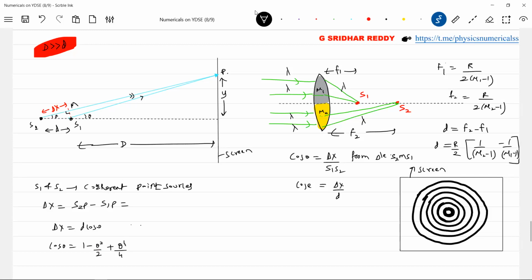Two factorial, 4 factorial, yes. It should be like this.